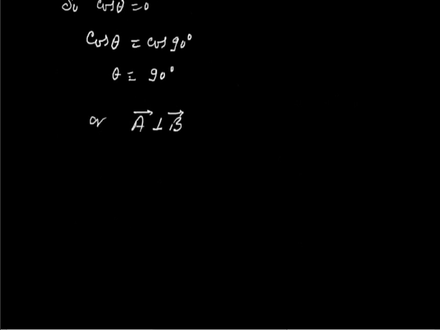Now the cross product of two vectors, or vector product of two vectors.